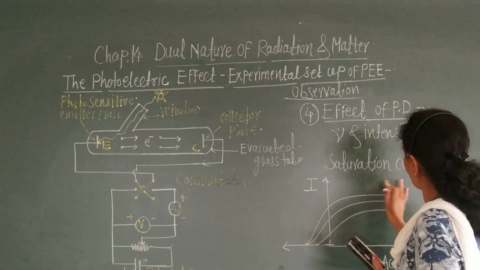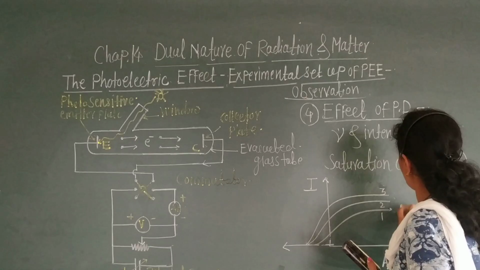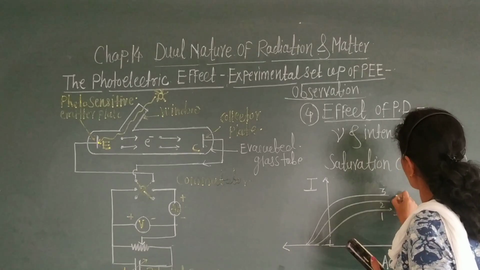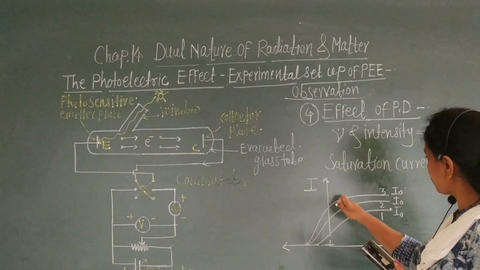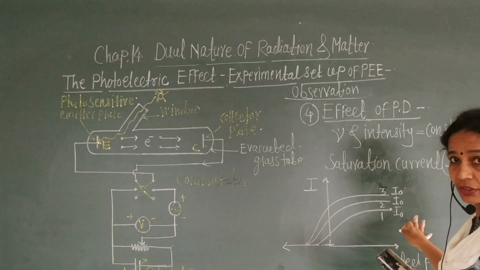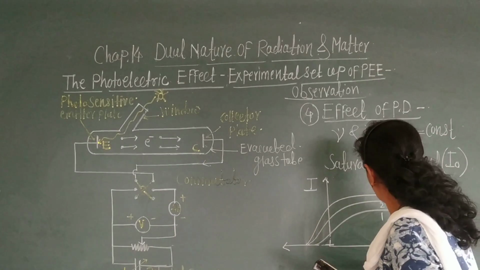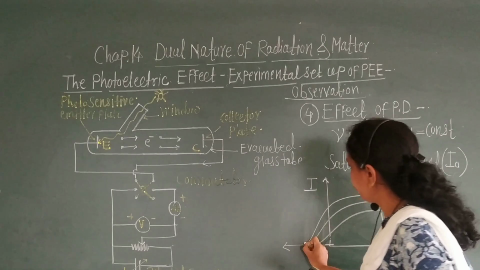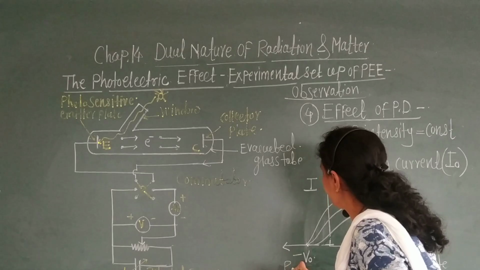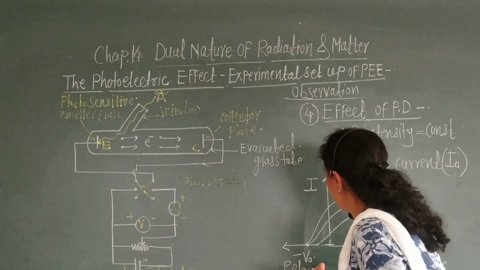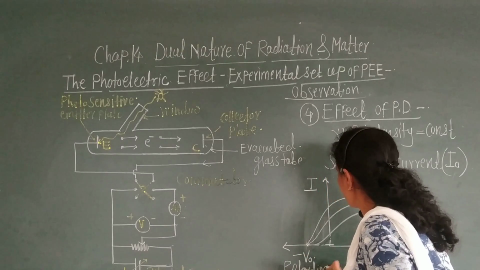This is first, second and third. This is for first I naught. This is I naught, saturation current. It remains constant. This is for accelerating potential. For this case, it is minus V0. It is the retarding potential.